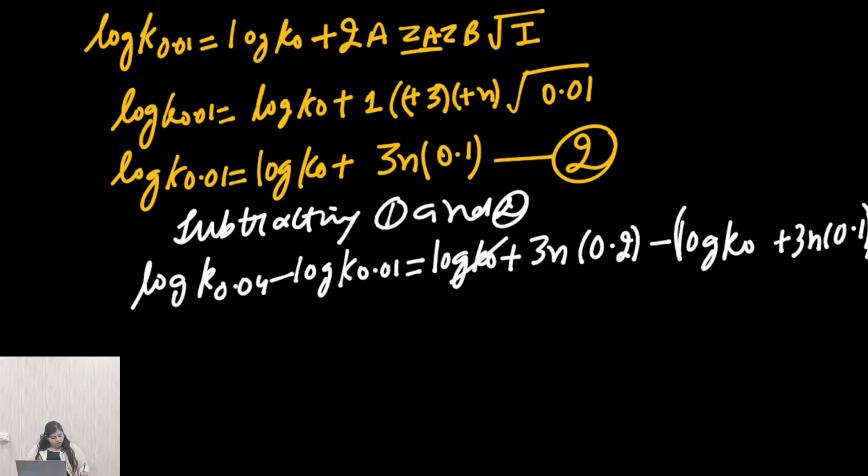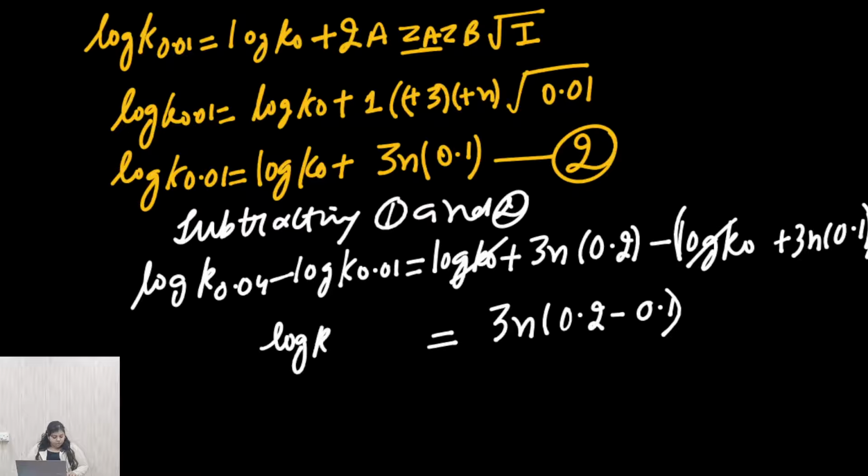Log K naught and log K naught get cancelled out. It becomes 3n times 0.2 minus 0.1, because 3n you can take out. That will be equal to log of K 0.04 upon the rate constant 0.01.